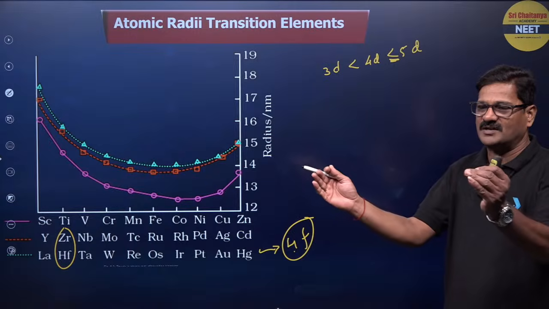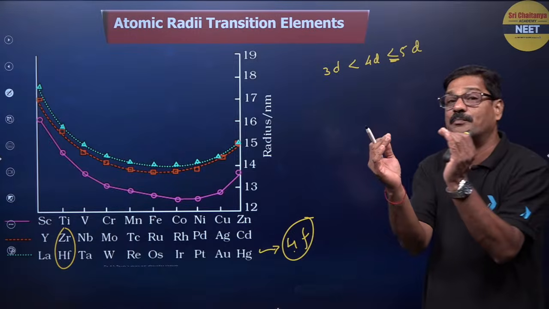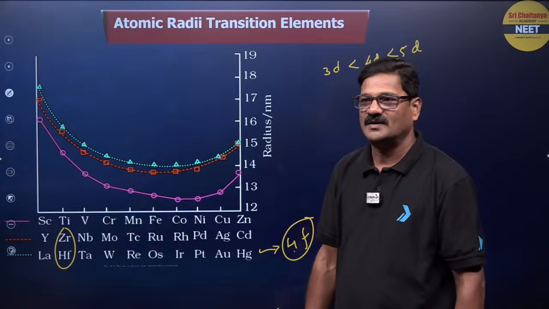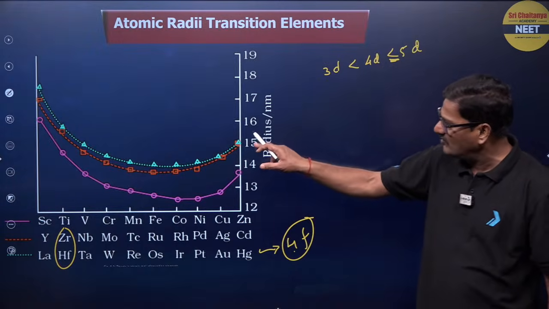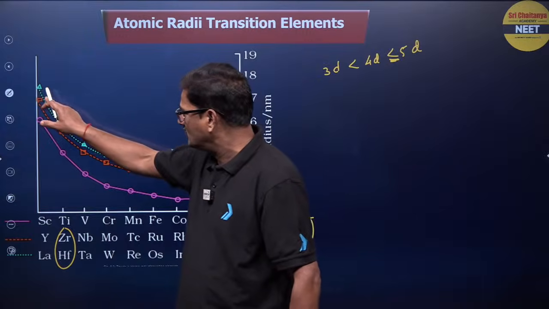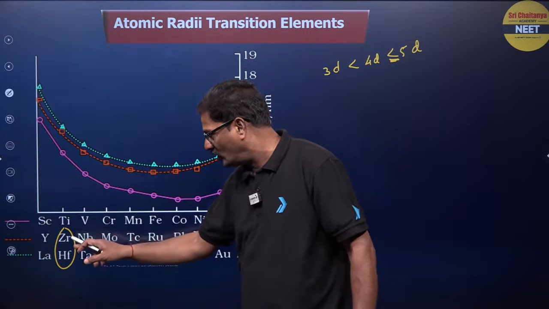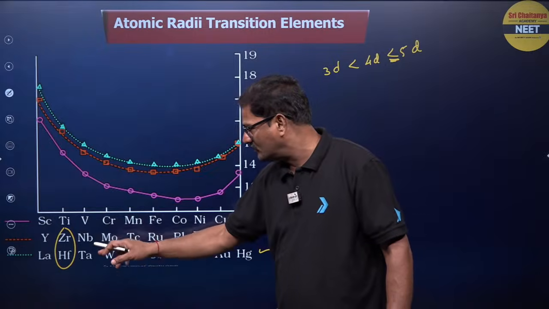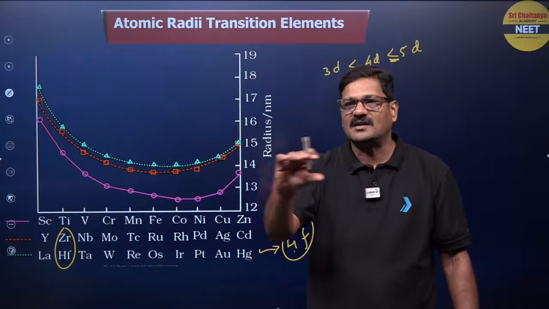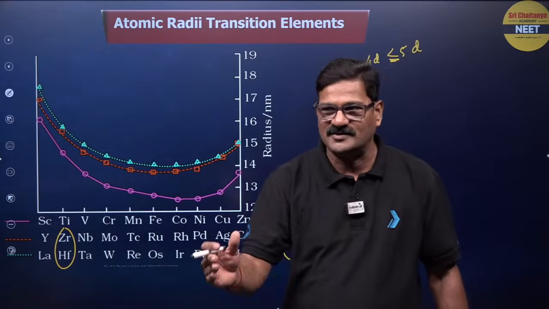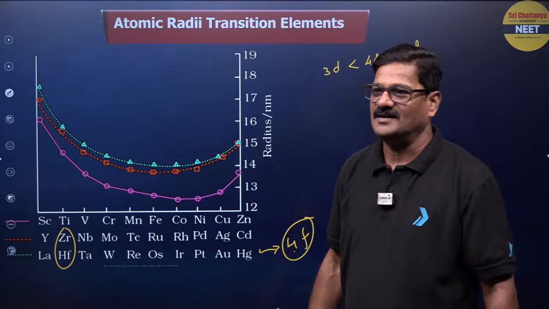Because of the poor screening effect, the atomic size is compressed. And because of this compression, they have almost similar atomic radius, so zirconium and hafnium, niobium and tantalum, and molybdenum and tungsten have similar radius, so similar atomic properties. Are you getting or not?